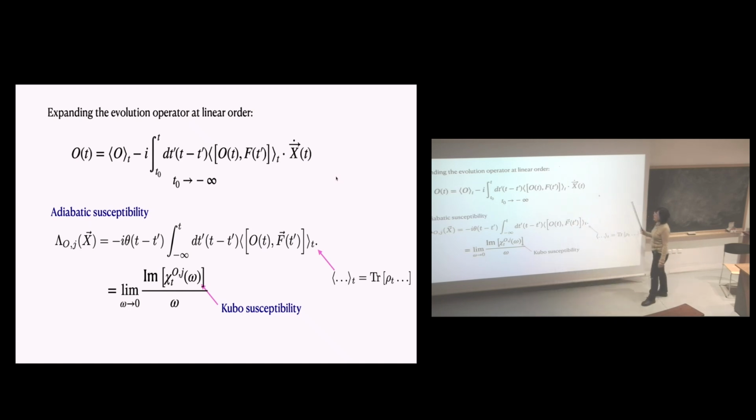So in order for this expansion to be valid, we need these velocities to be small enough to treat all this quantity as a perturbation.